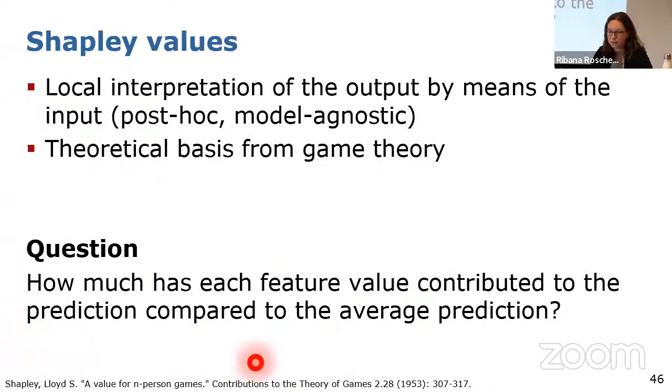And as I said, for this we can use Shapley values. They are a local interpretation of the output by means of the input. That means it's a post hoc method and it's model agnostic, so it can be used for all kinds of models. Its theoretical basis is game theory.